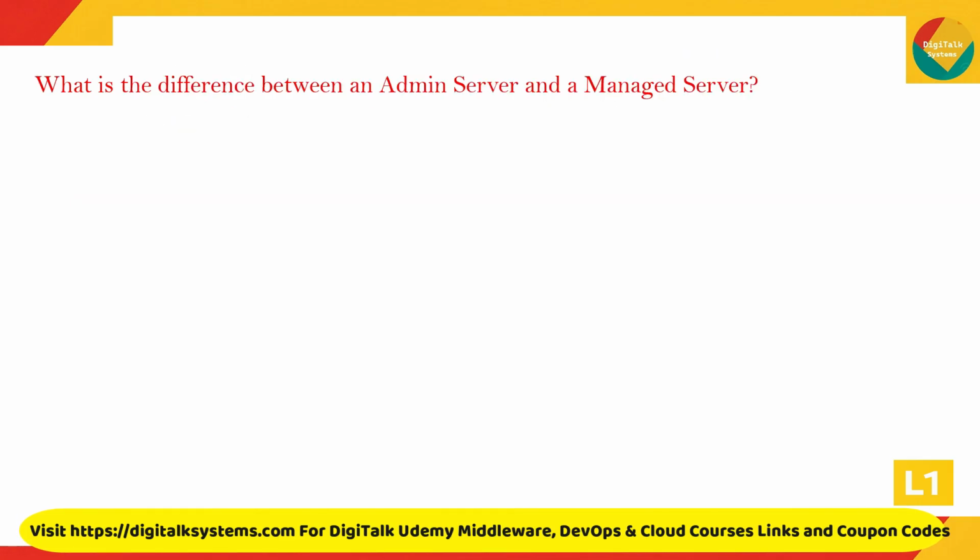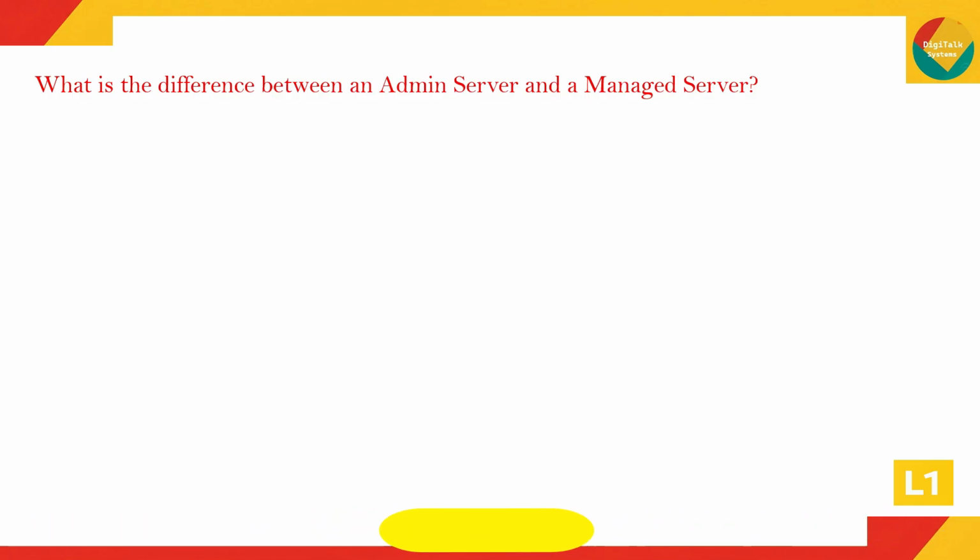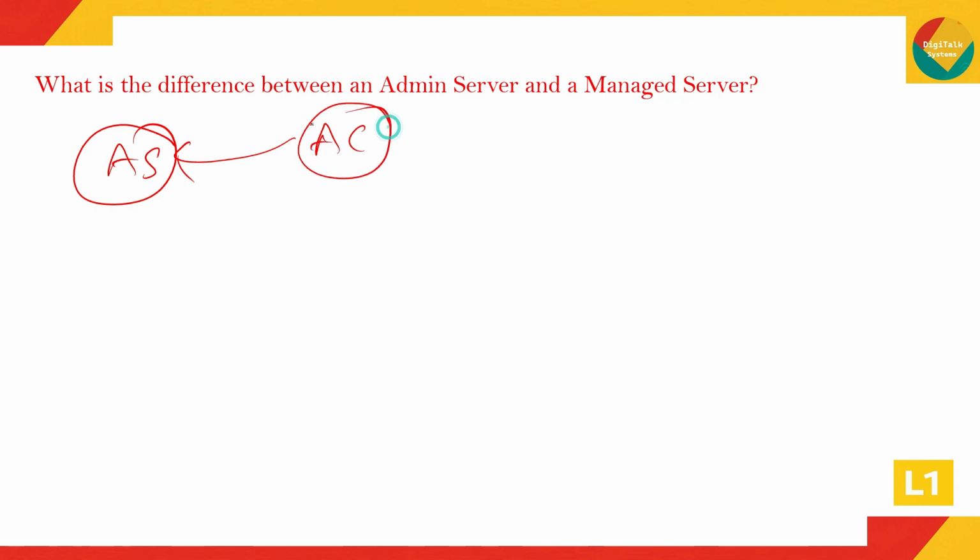What is the difference between an admin server and a managed server? It's very straightforward, and I think it is very clear to you as well based on all the previous discussions. The admin server is specifically a centralized server where the admin console is deployed automatically, which we access from the browser for the management of our complete domain.